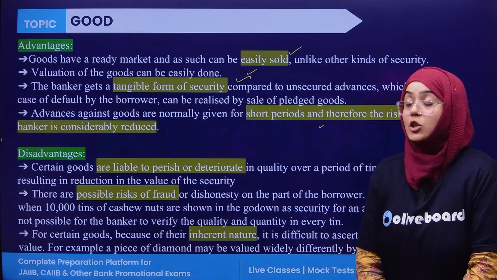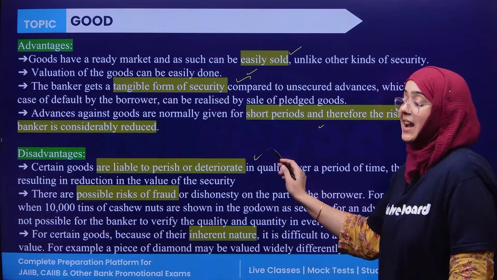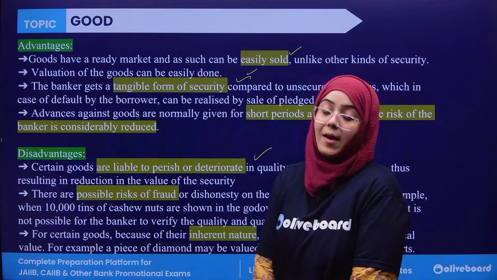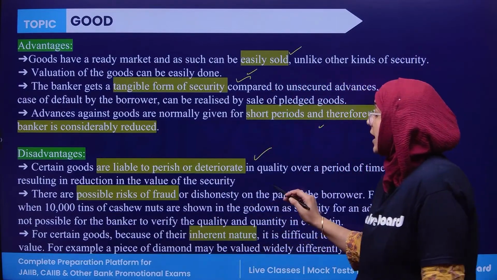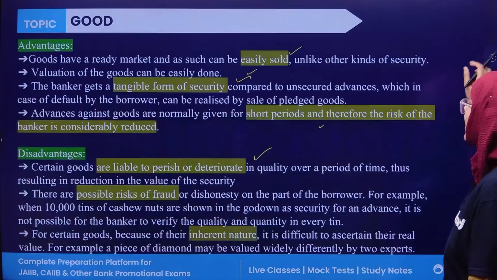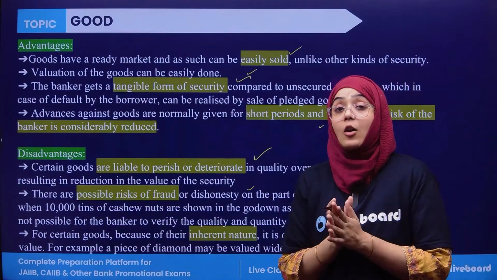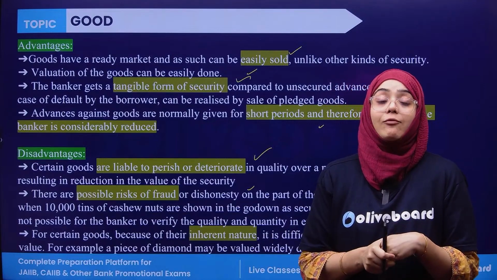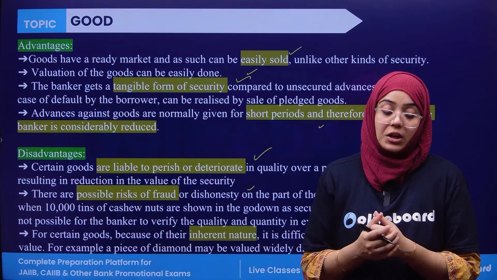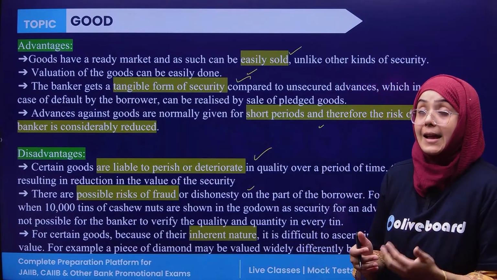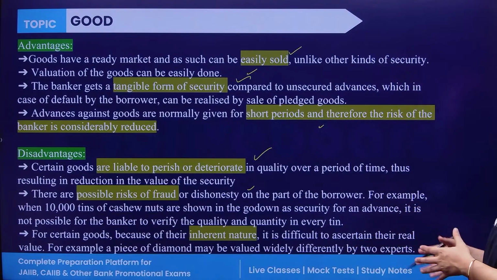Whereas the disadvantages of goods are, first of all, they are likely to perish or be destroyed in the long run. Second, there is a possible risk of fraud. For example, if you have pledged 10,000 cash units, you are not physically counting those 10,000 cash units. Okay, so there is likely to be fraud in these cases.